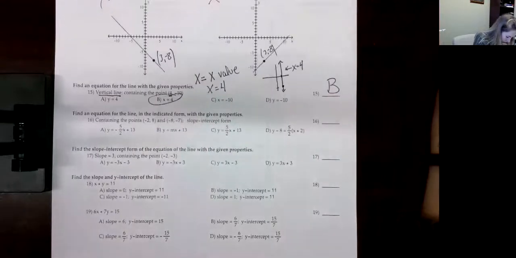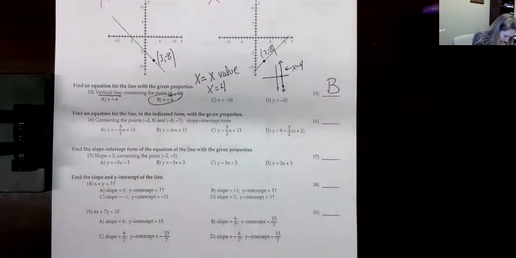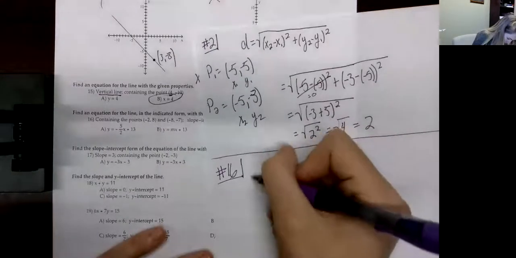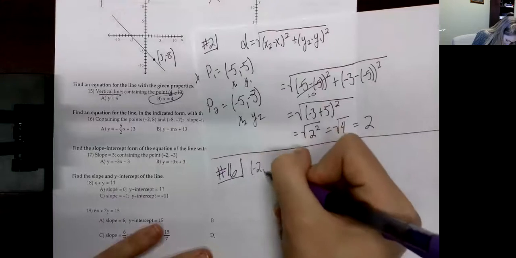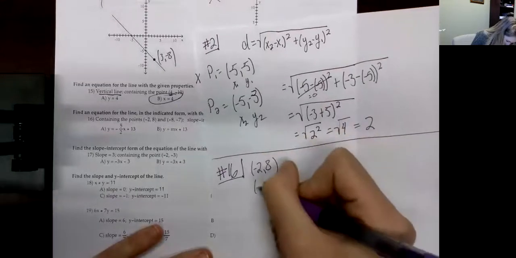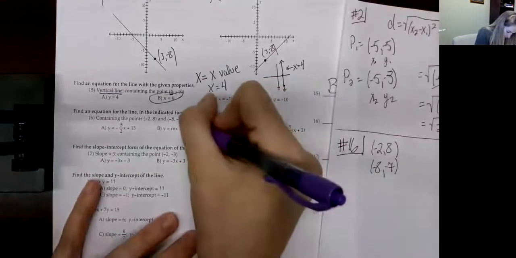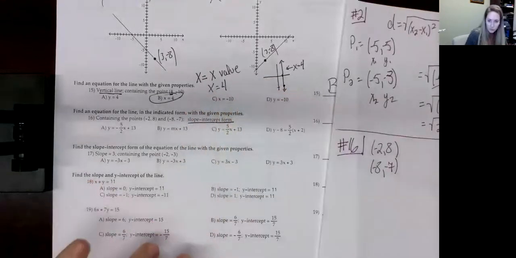Find an equation for the line in the indicated form with the given properties. So we're containing the points -2, 8 and -8, -7. And they want us to write this in slope-intercept form.